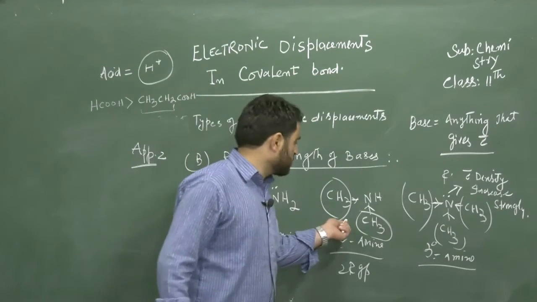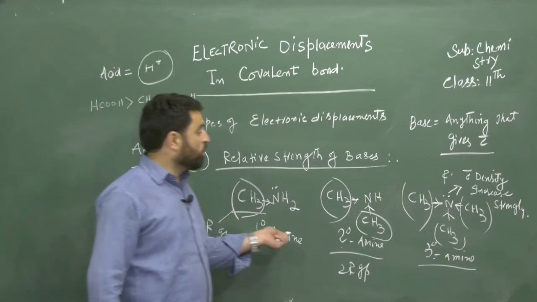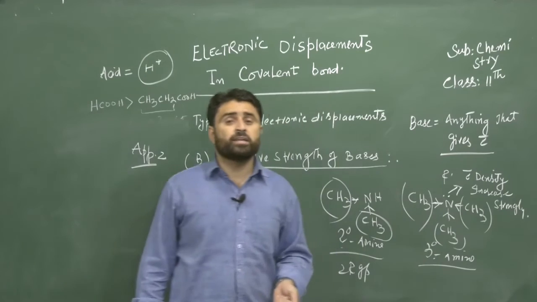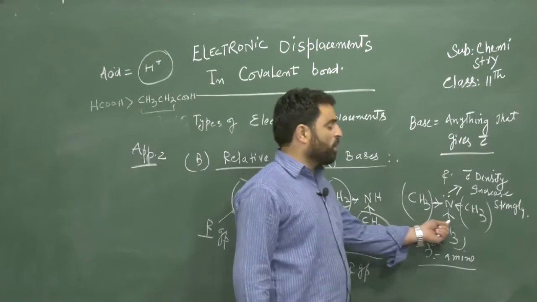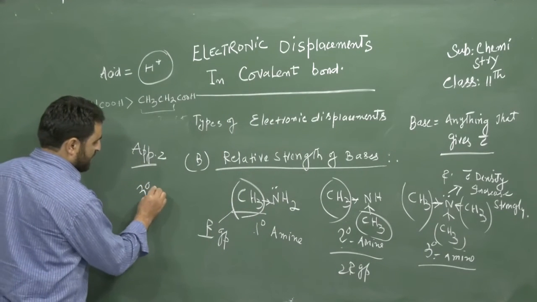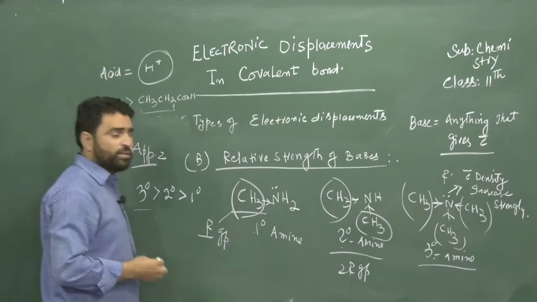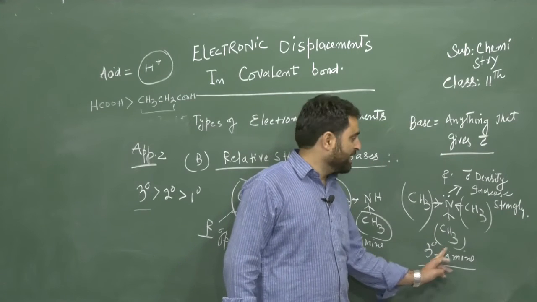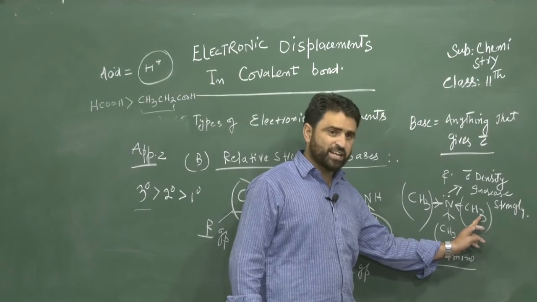It contains only 2 alkyl groups, and this one contains only 1 alkyl group. The more the number of alkyl groups attached to the nitrogen atom, the higher is the basicity. That is why the order is 3 degree, 2 degree, 1 degree. This 3 degree amine contains 3 CH3 groups, and alkyl groups show a plus effect.